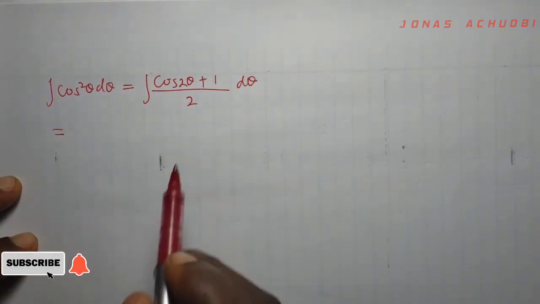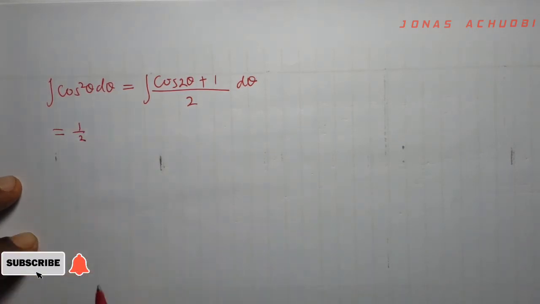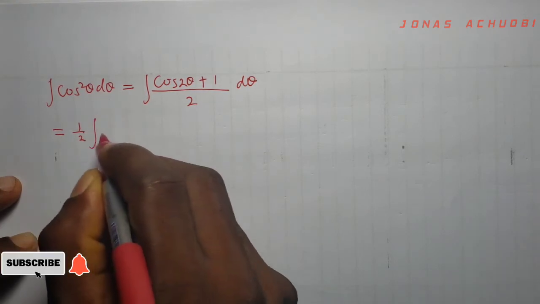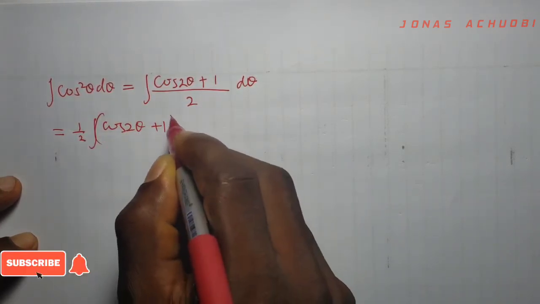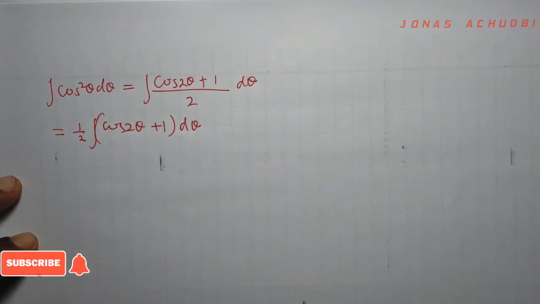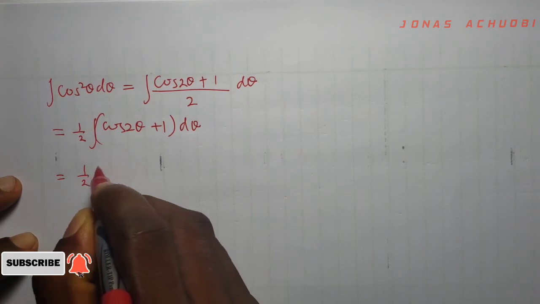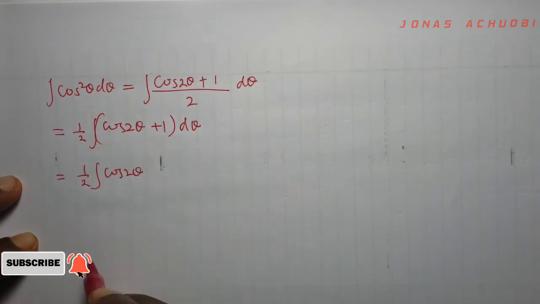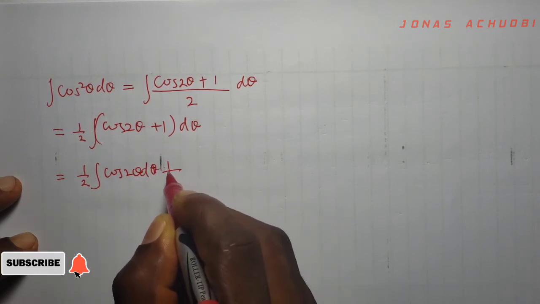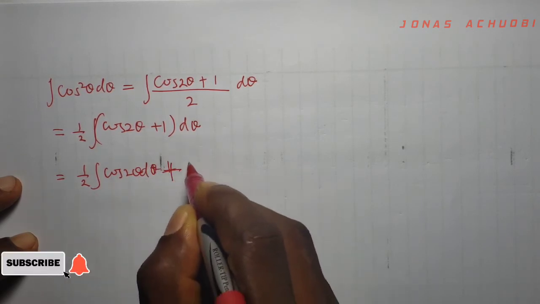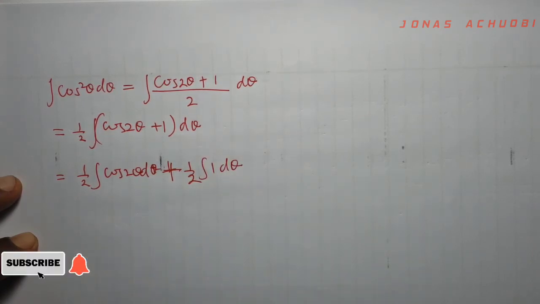We have 1 over 2 here as a constant, so we can take 1 over 2 out of the integral sign: 1 over 2 times the integral of (cos 2 theta plus 1) d theta. If we open up this bracket, we have 1 over 2 integral of cos 2 theta d theta, of course, plus 1 over 2 integral of 1 d theta.